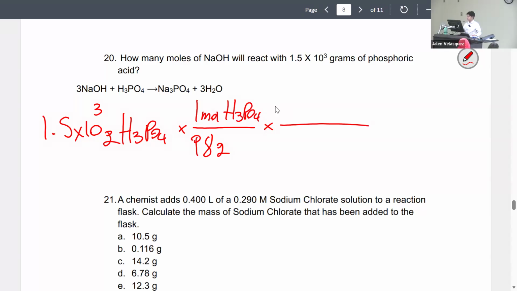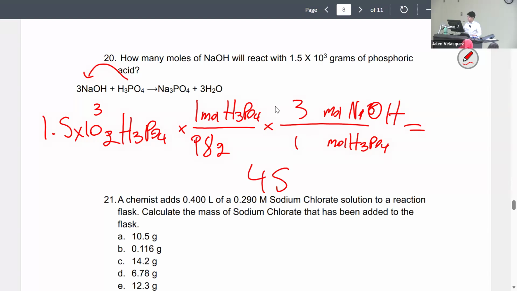We go from the moles of phosphoric acid to the moles of sodium hydroxide, so what do we use to do that? The mole ratio, the stoichiometric coefficients. And it's a 3-to-1 ratio. So you should get 45.92 moles of NaOH.